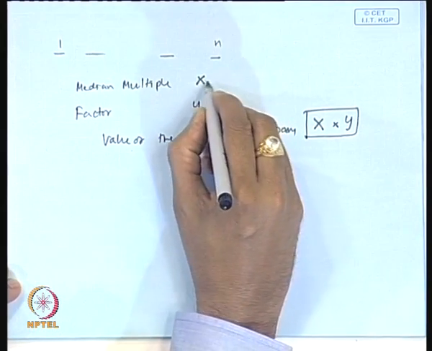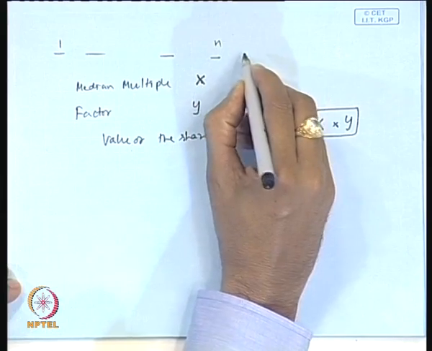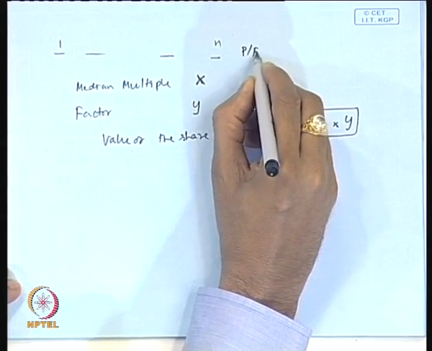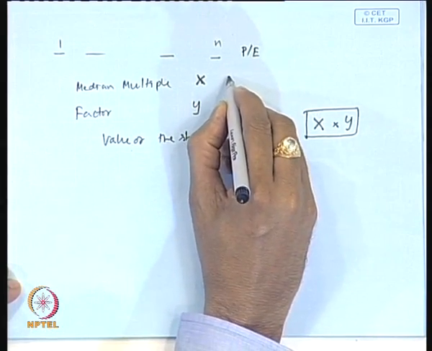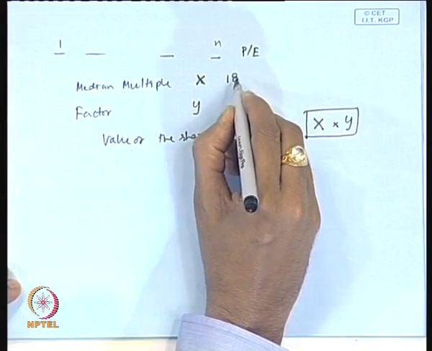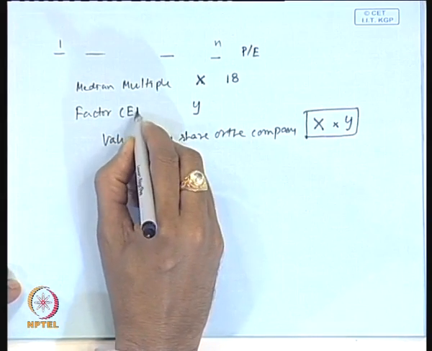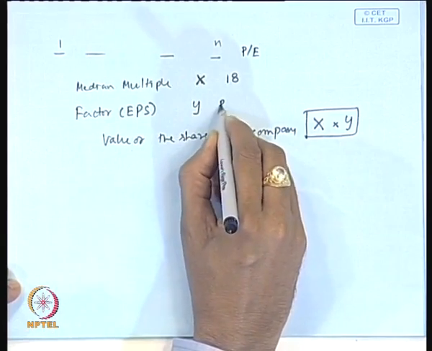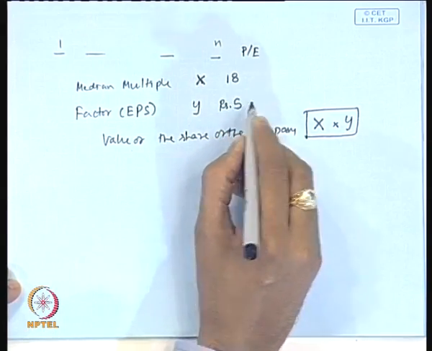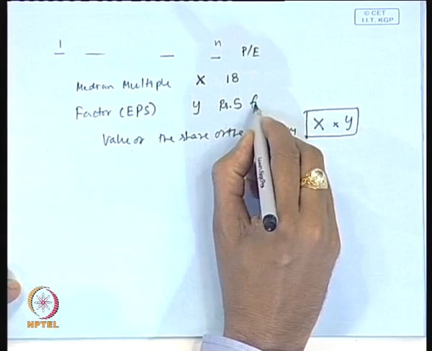So, for instance, if we are taking the price to earnings ratio as the multiple, the median multiple is 18, and the factor, that is earnings per share, in this case becomes rupees 5 for the target company.